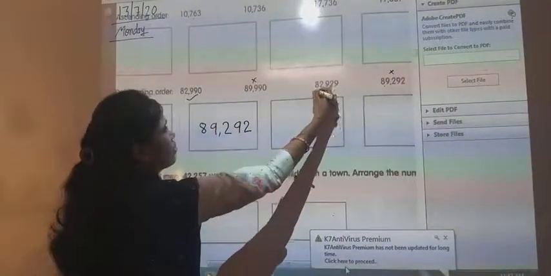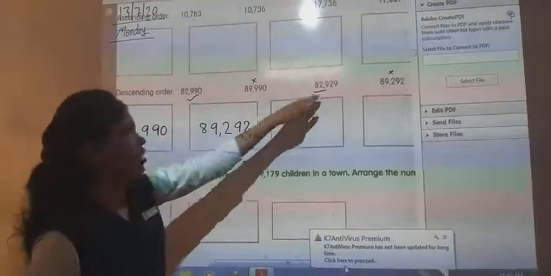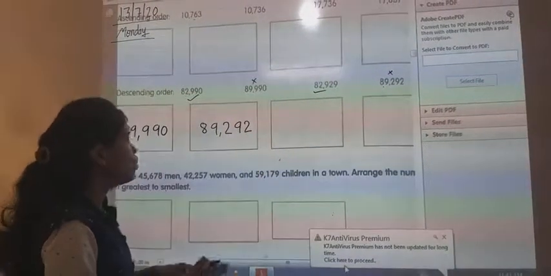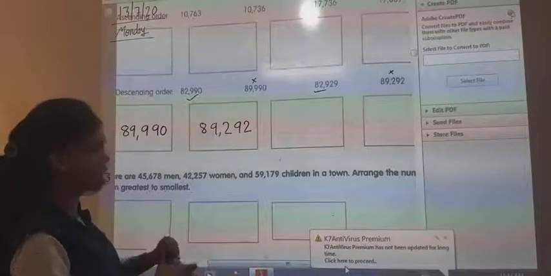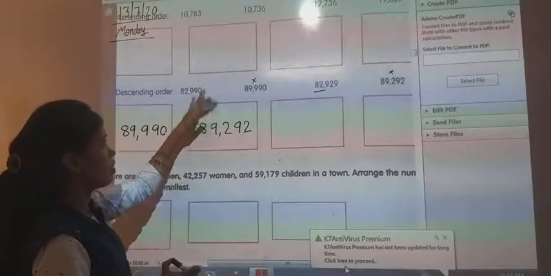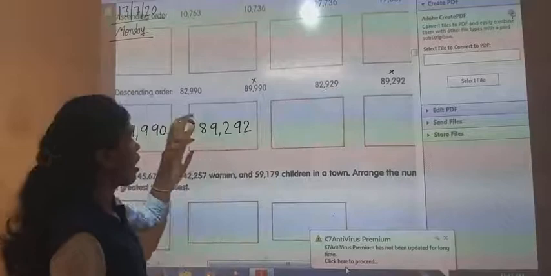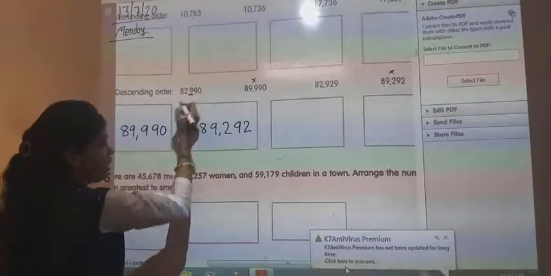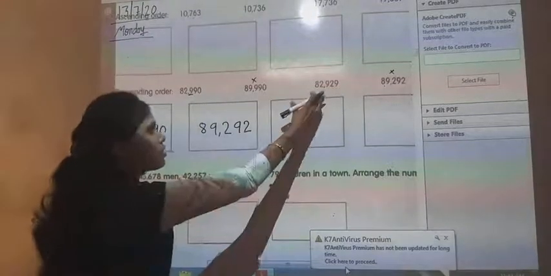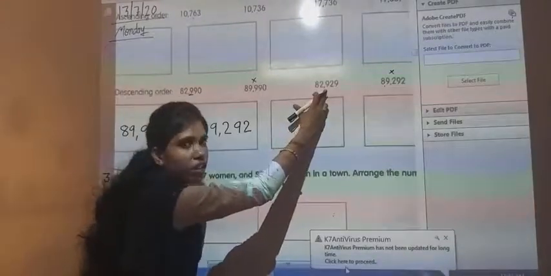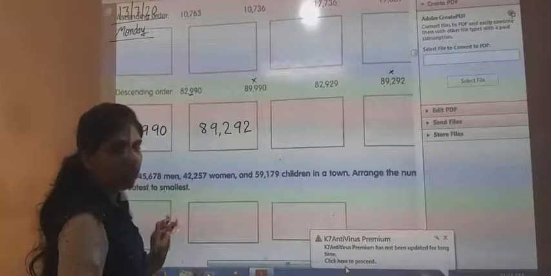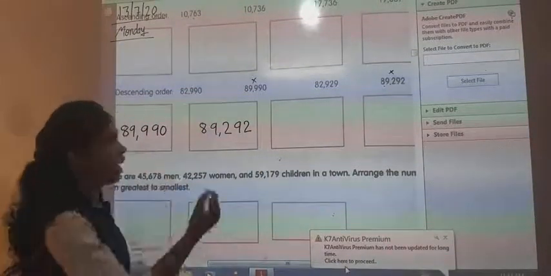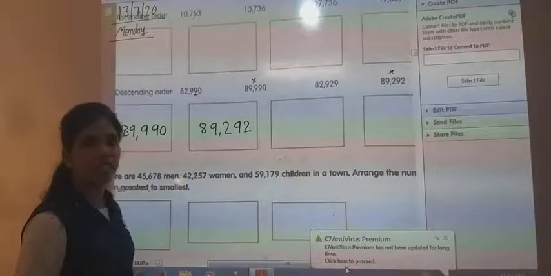Now we will compare both numbers. Which one is greater in both numbers? So students, now we will start from the 100 place. At the 100 place we have 9 in the first number and in the second number also we have 9. Both numbers are equal. So students, let's come to the next place. What is the next place?